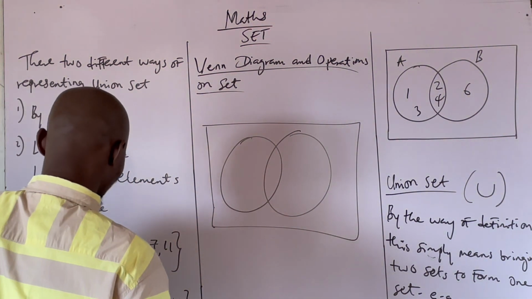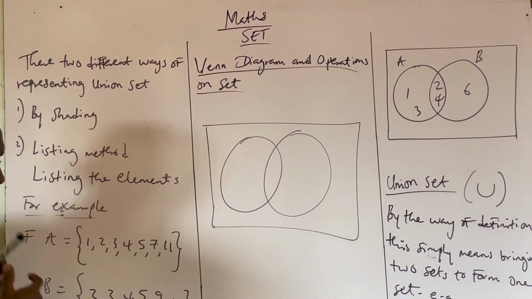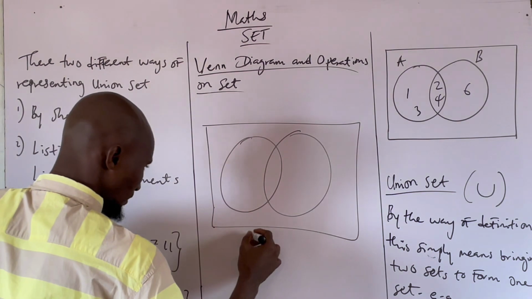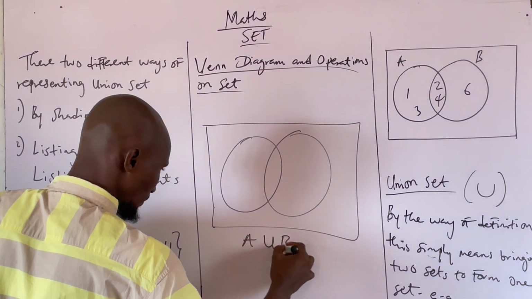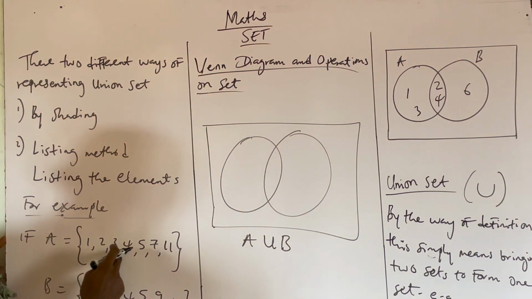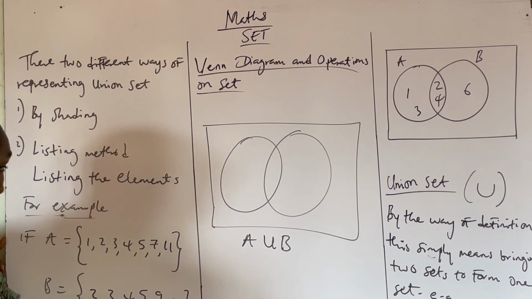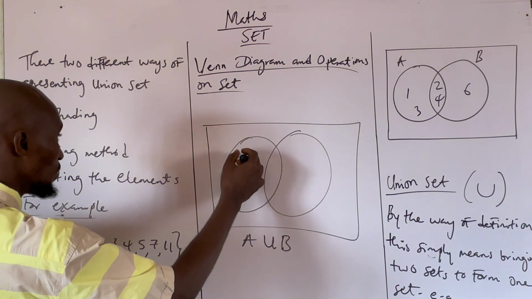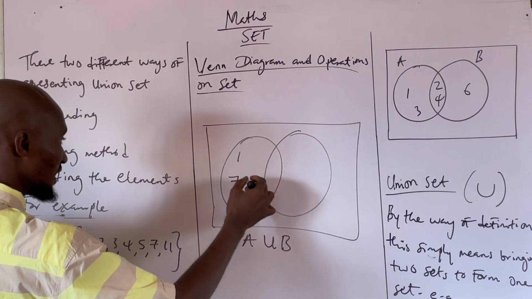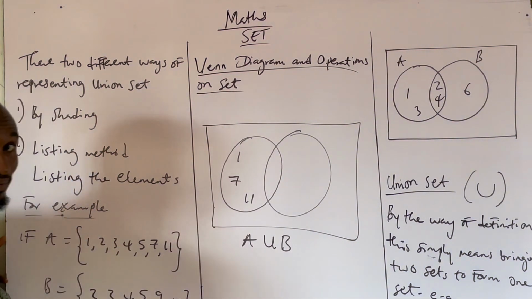Now, there are two things here. We have 2, 3, 4, 5 here. So for A, here will be 1, 7, 11, right?